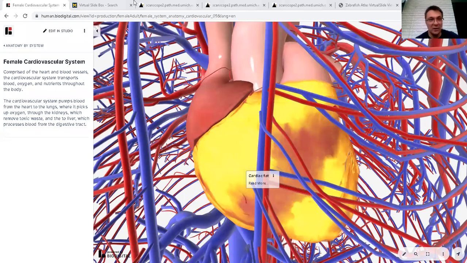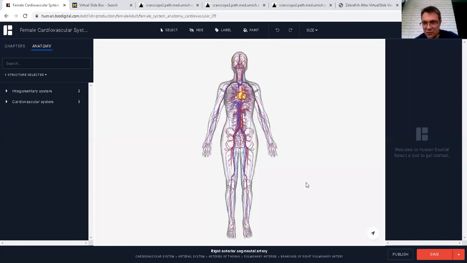Okay, so I just need to edit this a little bit. I need to remove some parts, so I just need the tools for that.